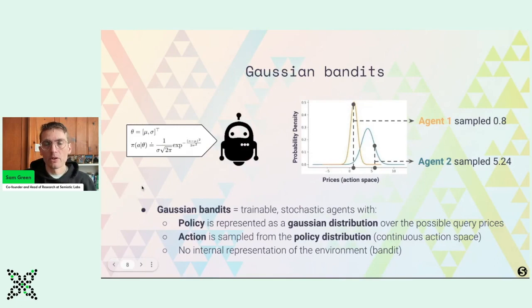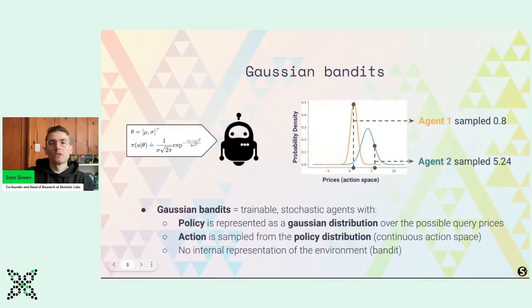Our agents are based on Gaussian bandits. These are a subtype of reinforcement learning, so they solve the exploitation problem. The bandits are very simple. They have two parameters, which parameterize a Gaussian distribution. So these agents choose prices and they select prices from this distribution.